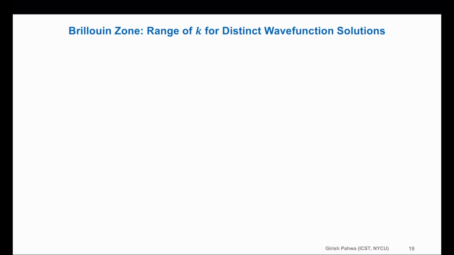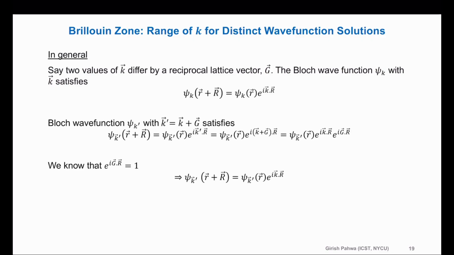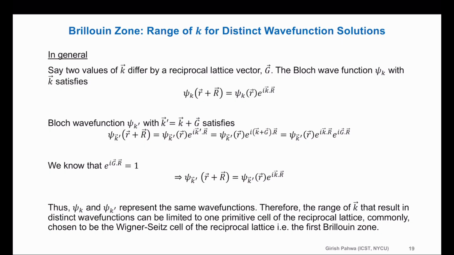So this is again the same thing, but in general you can prove that in 2D or 3D the range of k values which give you distinct wave functions will be confined to the Brillouin zone, or the primitive cell, right?